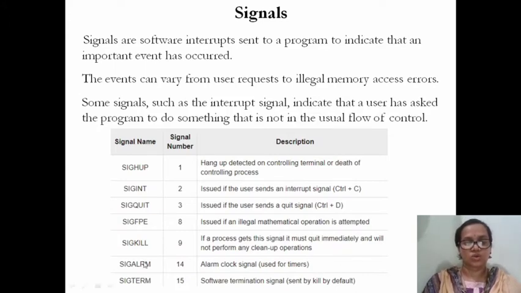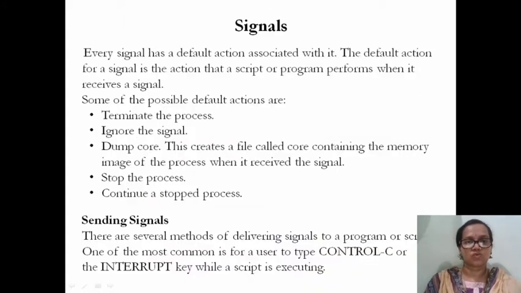Okay, these are all the types of signals which we have, and every signal has its own default action associated with it. If a signal has occurred, the default action of that particular signal will be taken, which is an action that a script or program performs when it receives a signal.